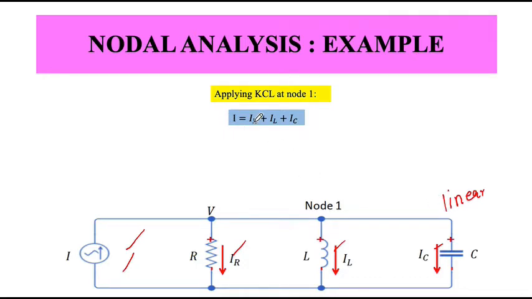So incoming current is equal to outgoing current. What does the current through the resistance give? V by R. So I can simply write that as V by R.